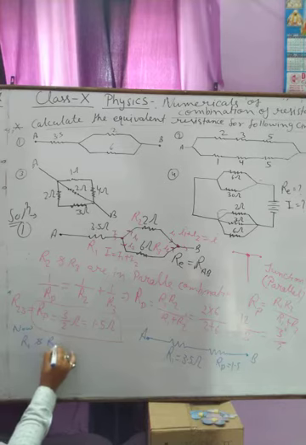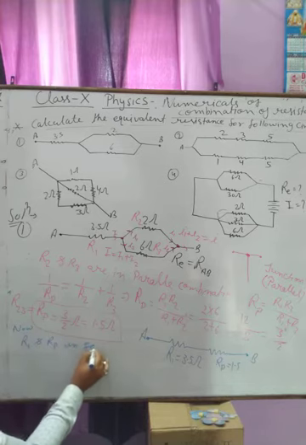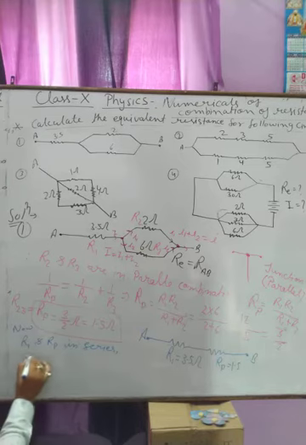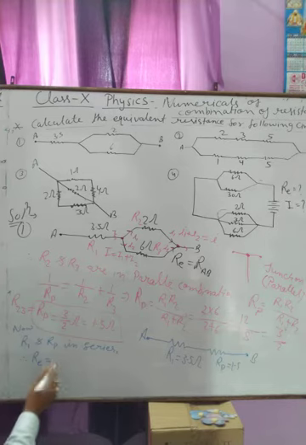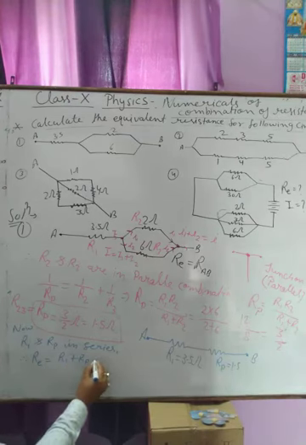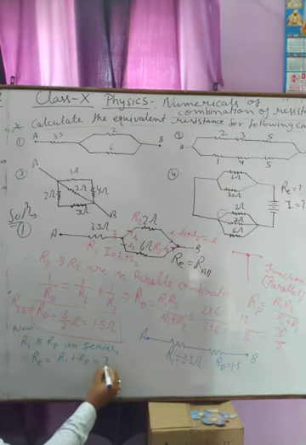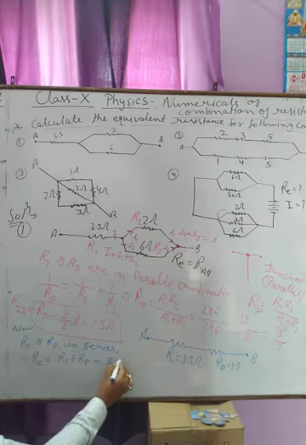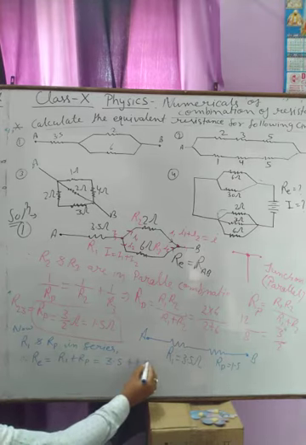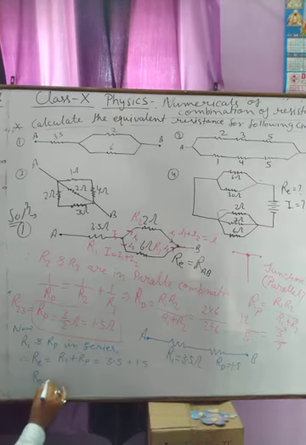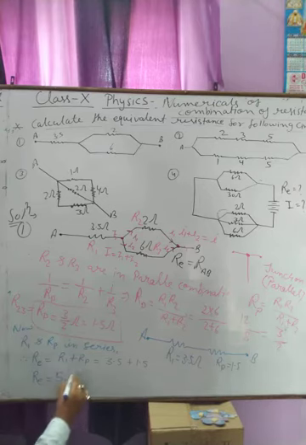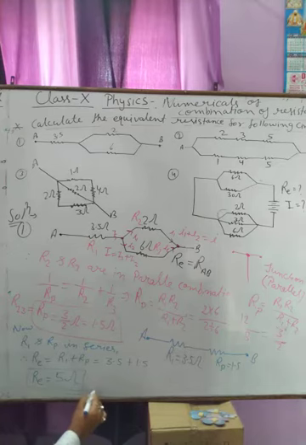R1 and R_P in series, therefore R equivalent, which we can also call R_AB, is R1 plus R_P, that is 3.5 plus 1.5, which is R_E equal to 5 ohm. This is the first answer. Copy this.